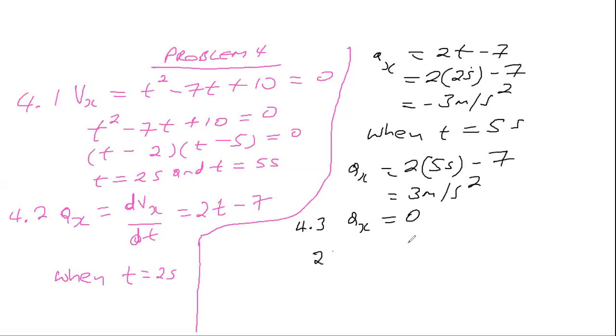So we have 2t minus 7 equal to 0, which means t is equal to 7 over 2 seconds, which is the same as 3.5 seconds.